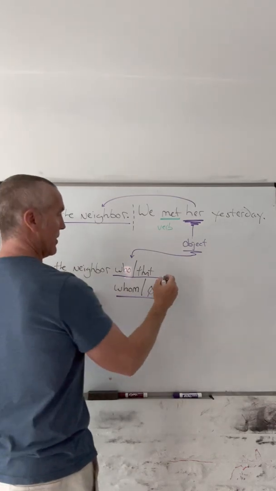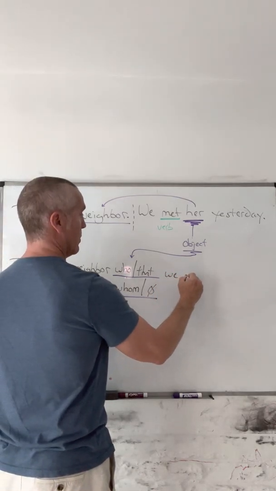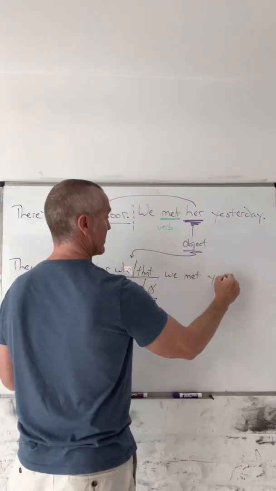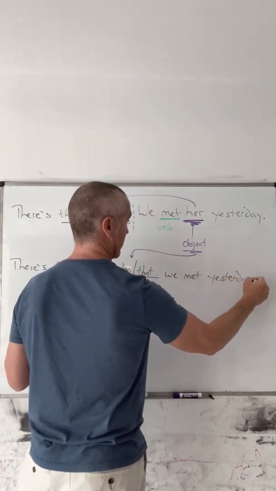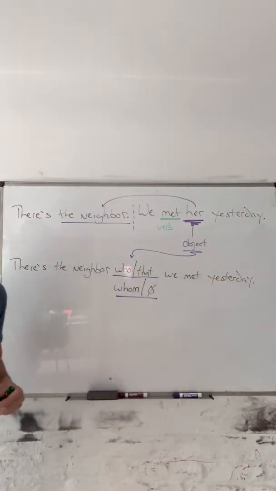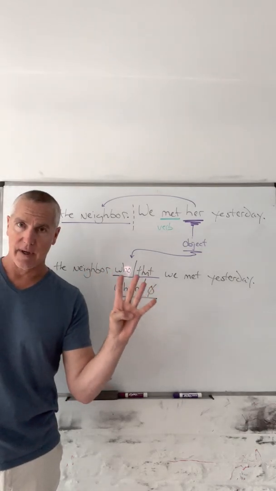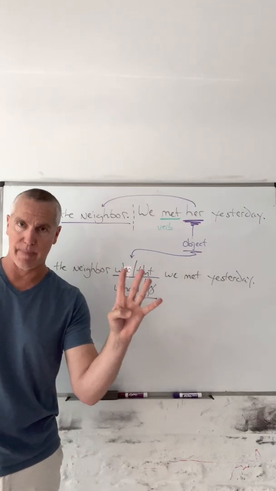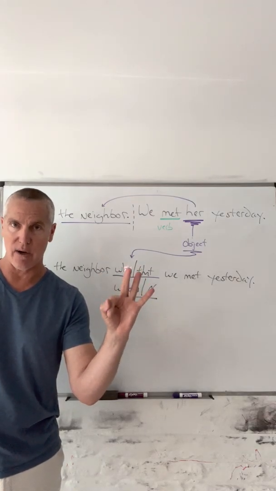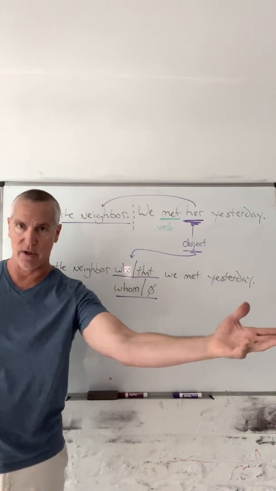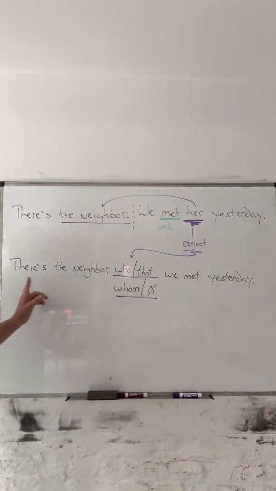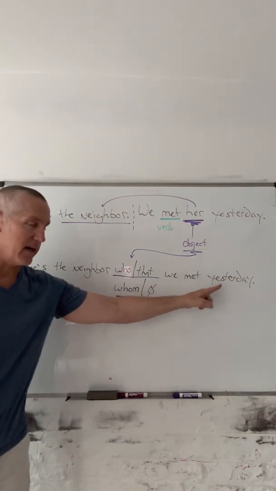There's the neighbor who we met yesterday. All right, so there's the adjective clause. 4 possible combinations, 4 possible pronouns, well, 3 or no pronoun to introduce the adjective clause.